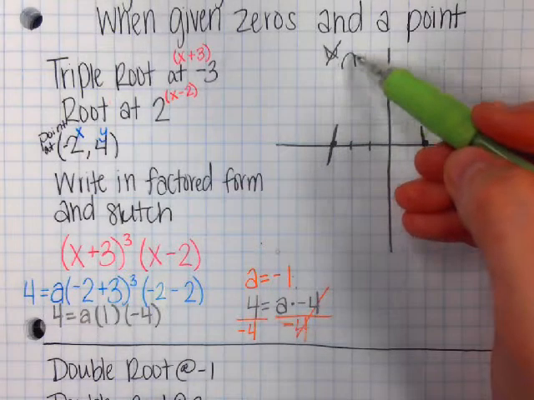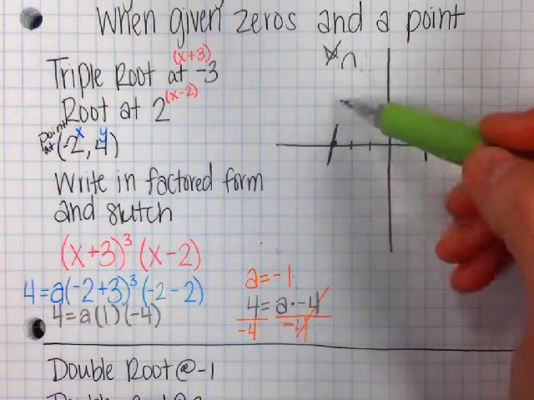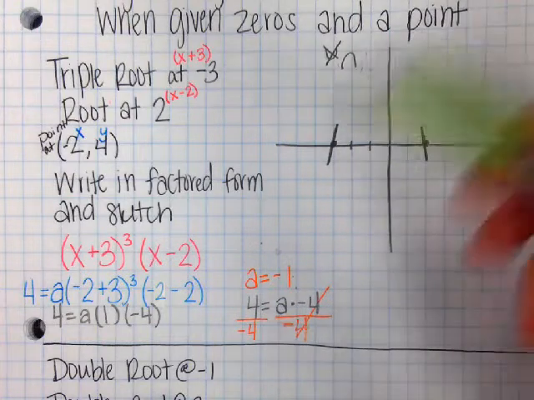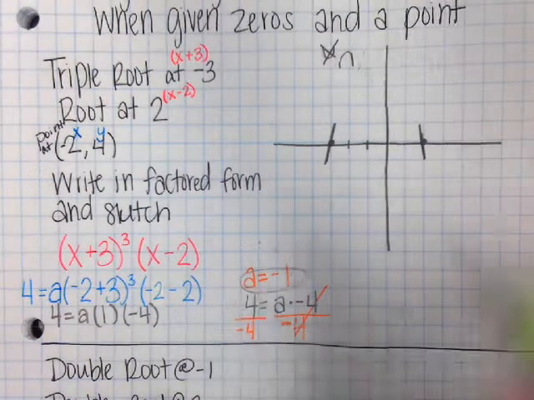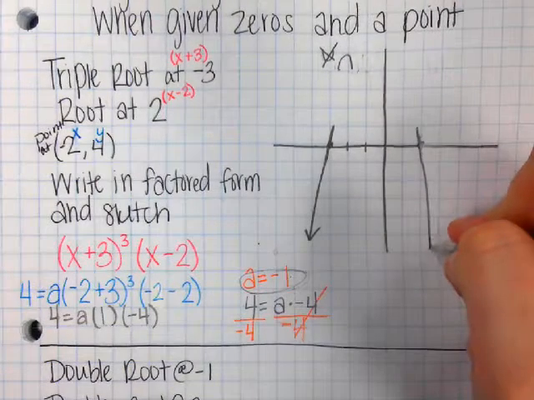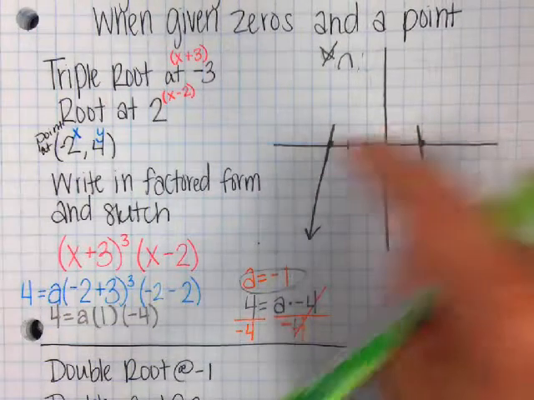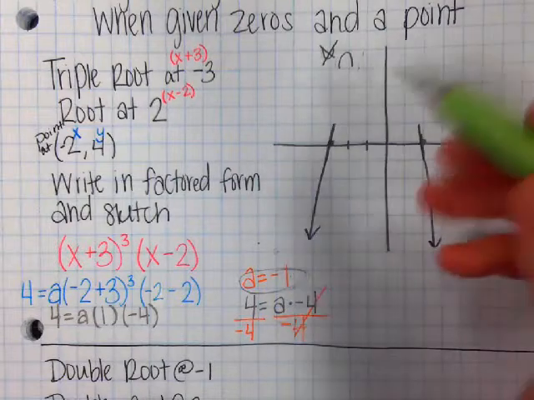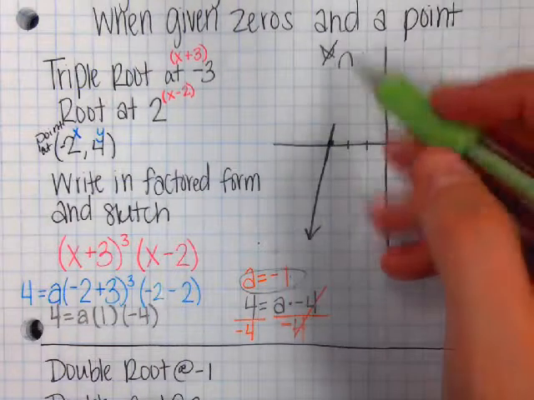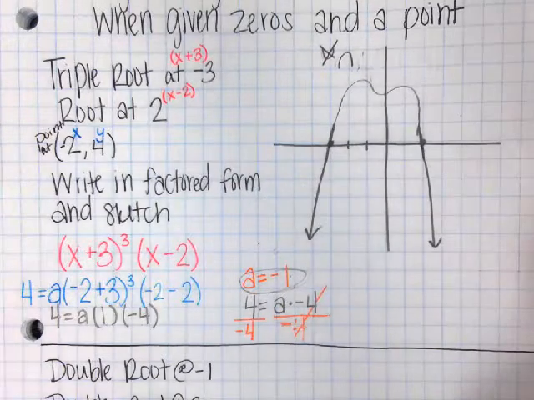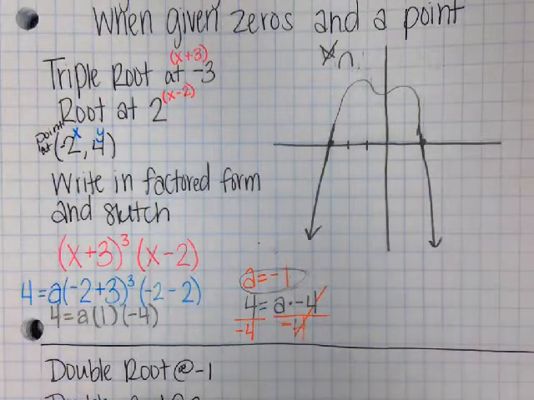Since it is an even degree, both ends are going to go both up or both down. Since it's a negative leading coefficient, both ends are going to go down. Remember, we don't necessarily know what's going on in the middle, so for this one, we're just going to sketch something.